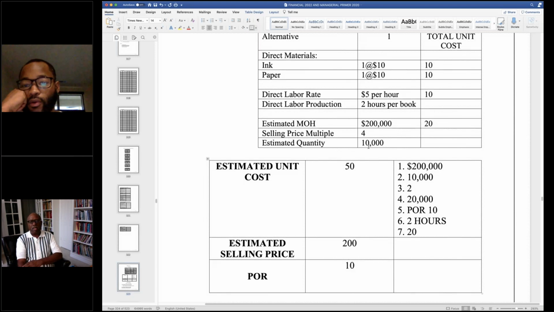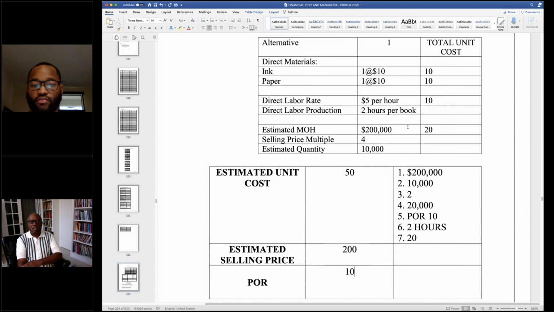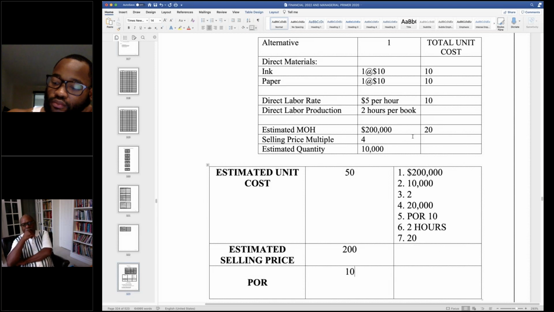Well, I'm asking where you got it from. Right here in the assumptions. These are the assumptions in here. So we're using these assumptions. So are we clear now on it?